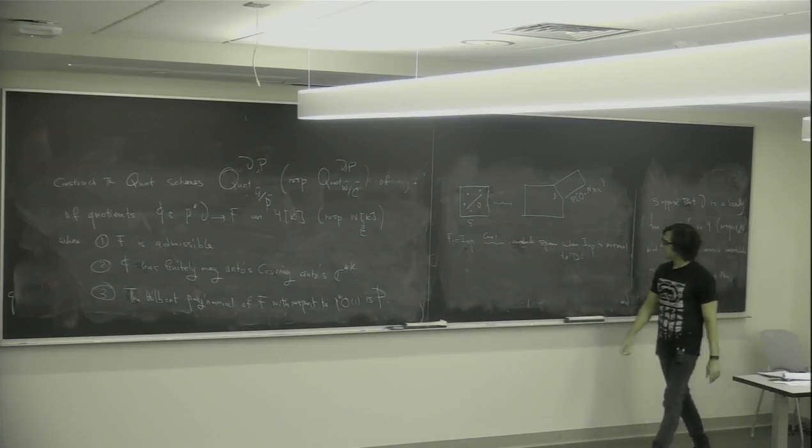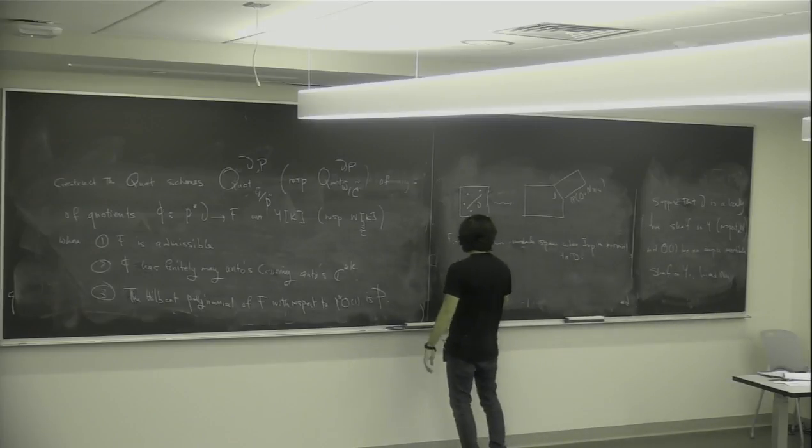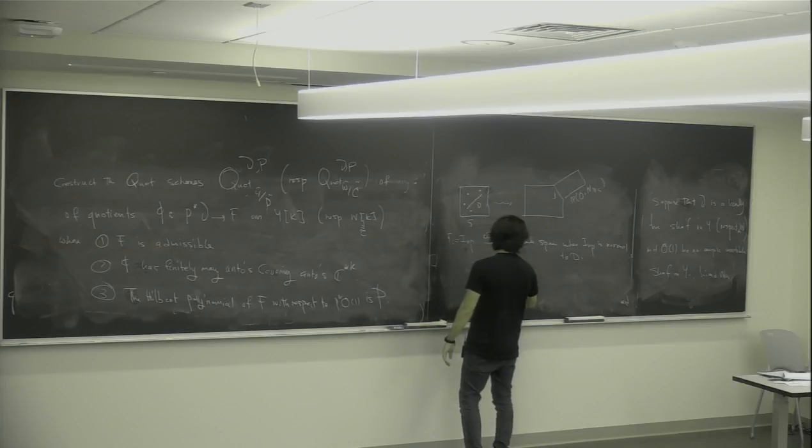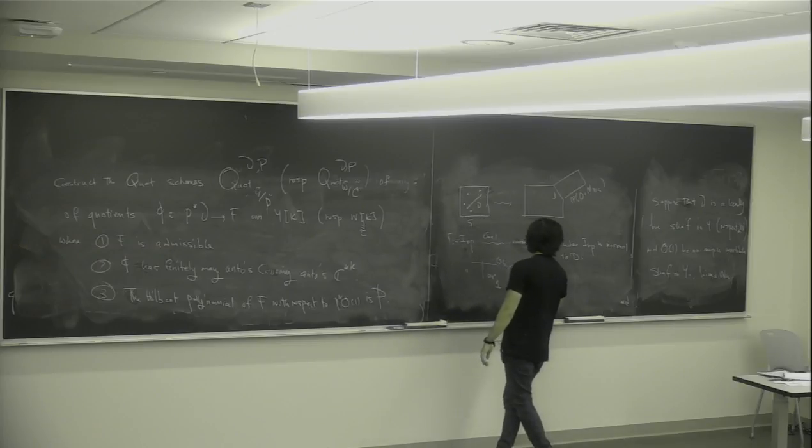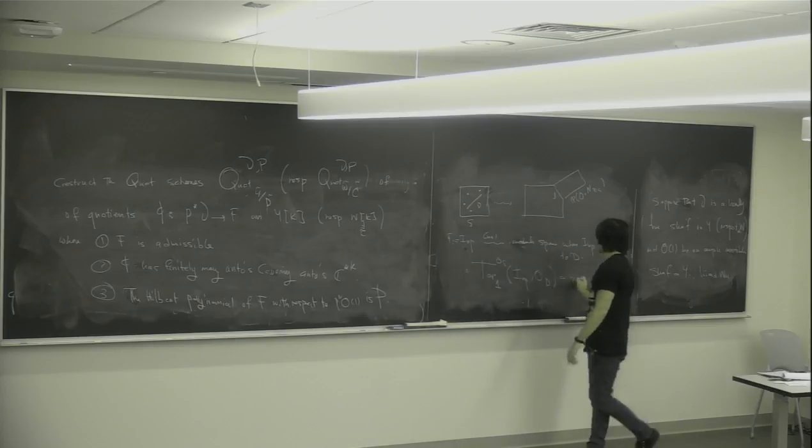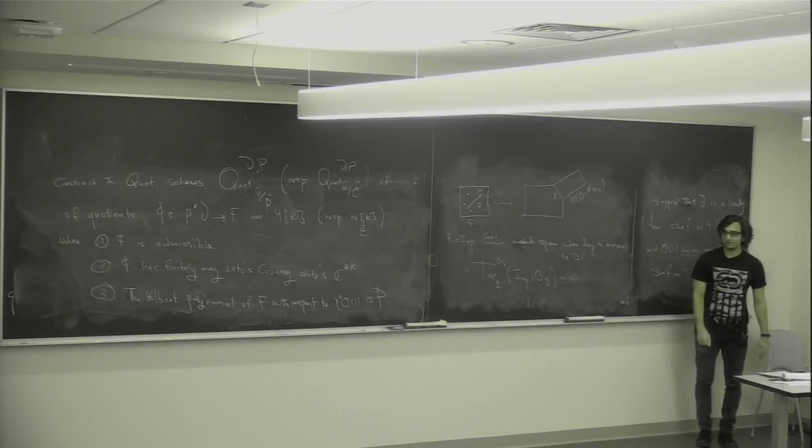What does that mean? It means that Tor_1 over O_S of the ideal sheaf of these many points with respect to the structure sheaf of that divisor is equal to 0.